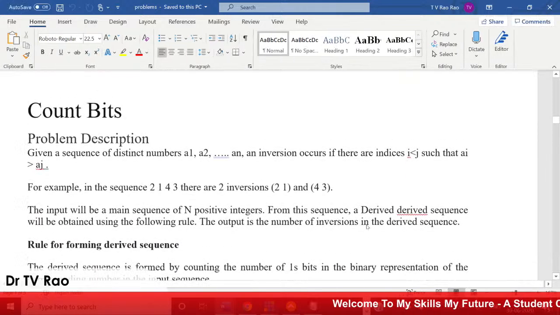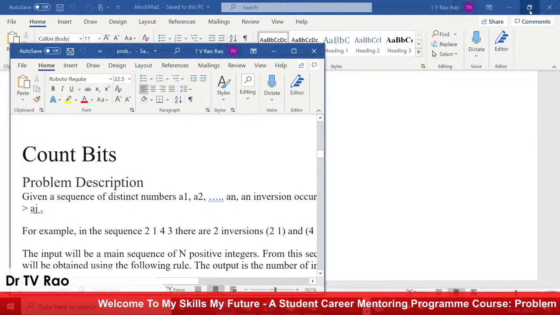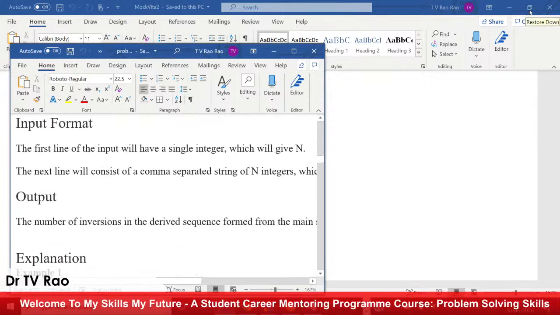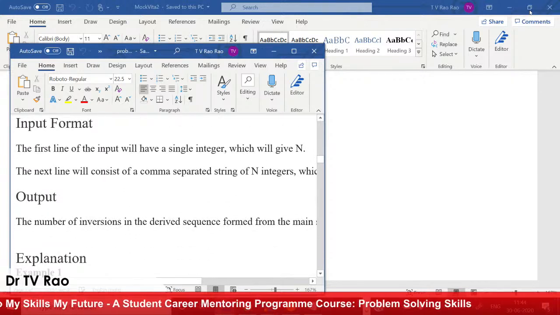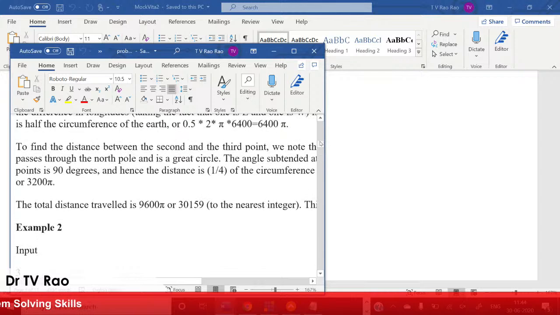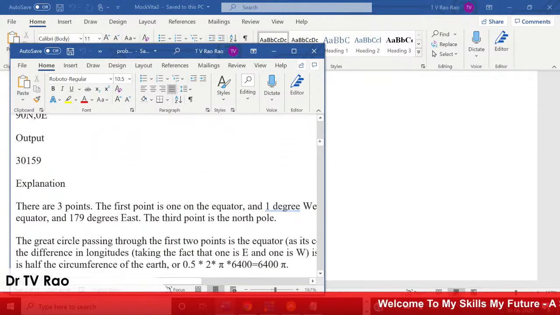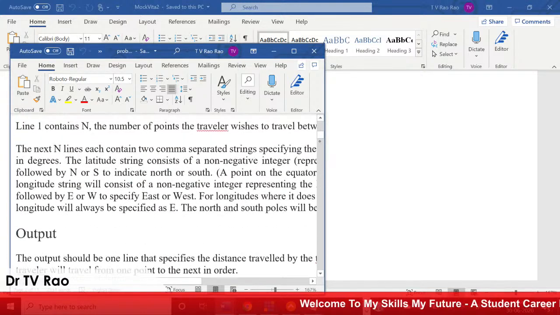Look here. Given a sequence of distinct numbers, find out the number of significant bits of each of them.